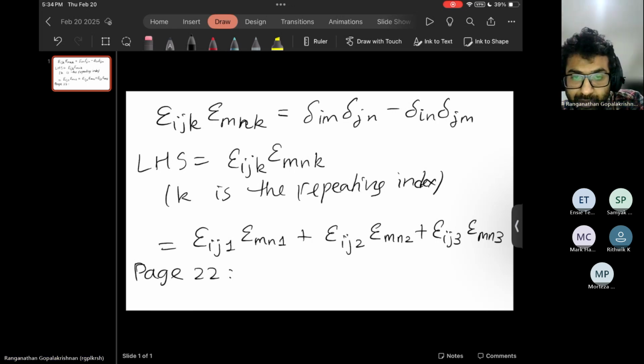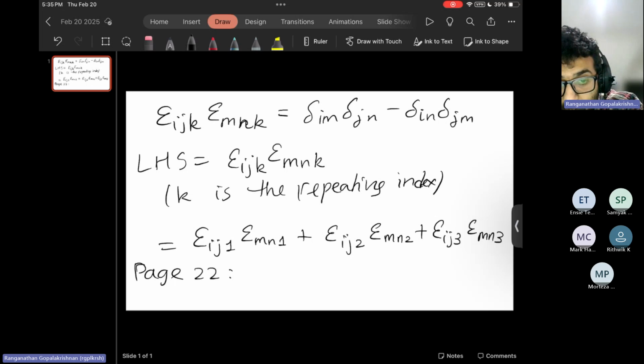At the top of the page, the following relation is referred to as the epsilon delta identity, which is given as epsilon ijk, epsilon mnk equal to delta im times delta jn minus delta in times delta jm. This relation can be obtained from the determinant relation equation 2.7 for the special case of A equal to I. So that's the hint given in the book, which I'll write.